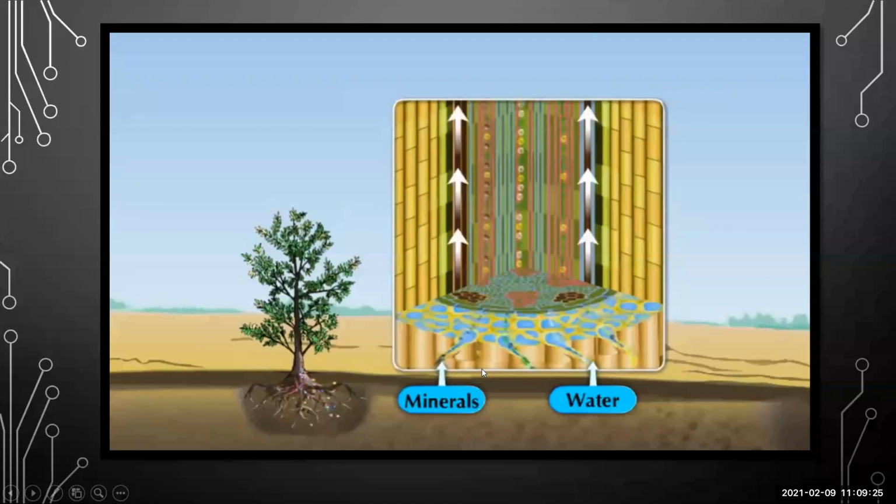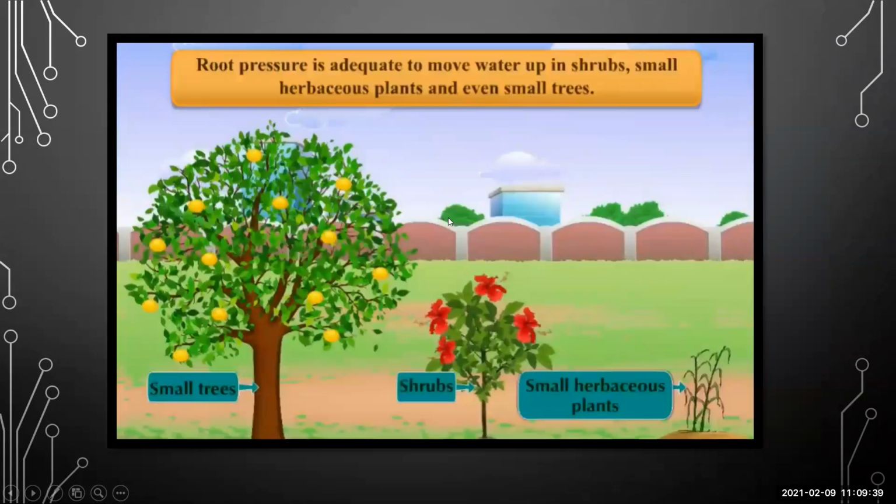So minerals and water are absorbed by the roots as they have different concentrations, and they will move in a unidirectional way in the upward direction. Root pressure is adequate to move water up in shrubs, small herbaceous plants, and even in small trees.